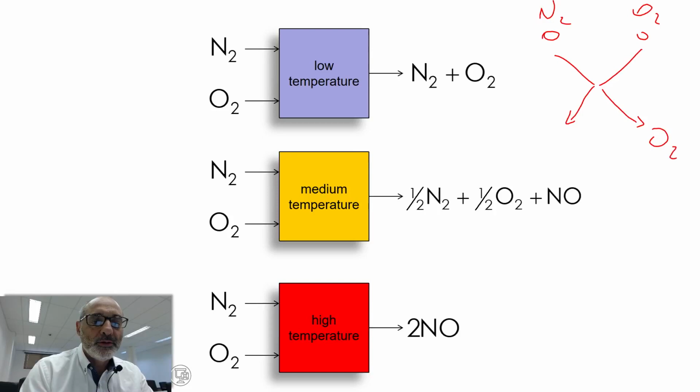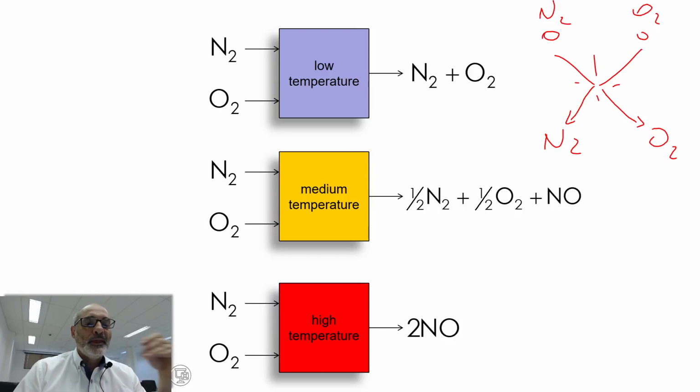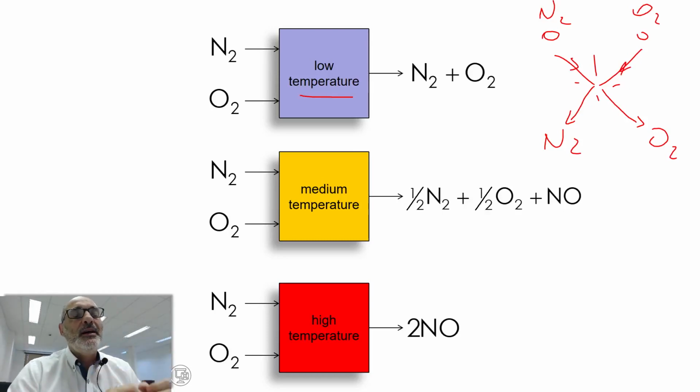So O2 continues to be O2 and N2 continues to be N2. This is at low temperature, meaning the velocity of these molecules is not high enough to disrupt the bond between one nitrogen atom and the other.